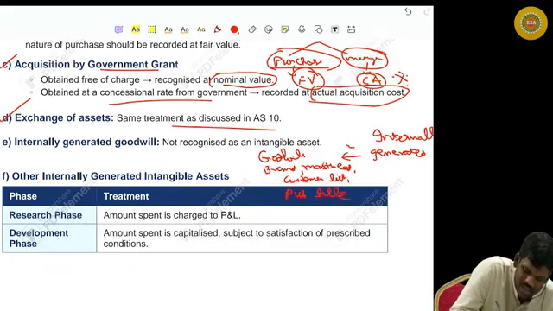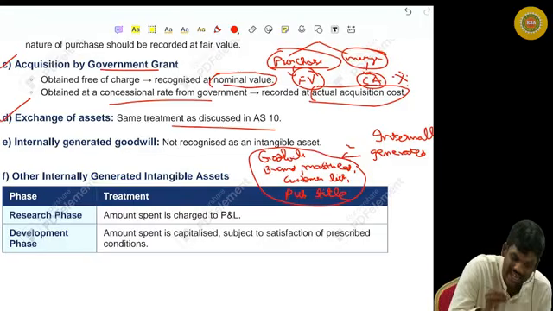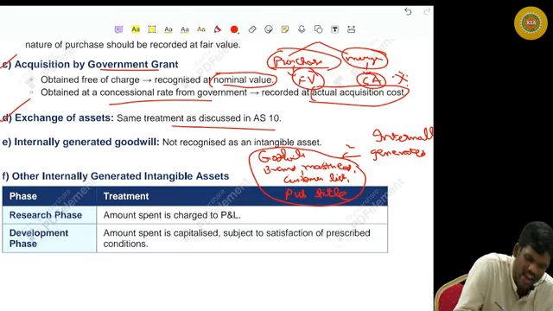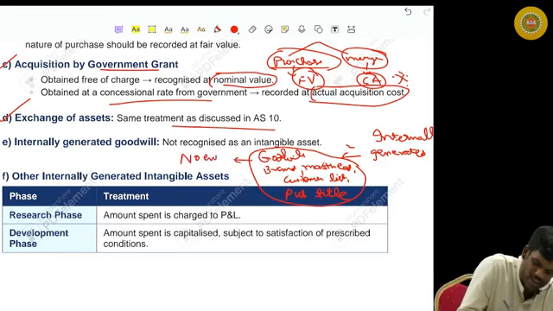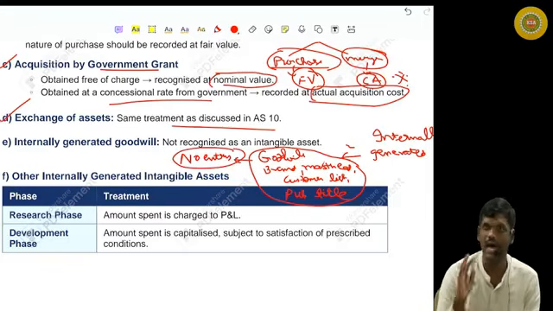Check whether it comes under these assets. If it's a part of these assets and they are internally generated, AS26 very clearly says, no entry, you should not recognize them. You are not allowed to recognize these assets.